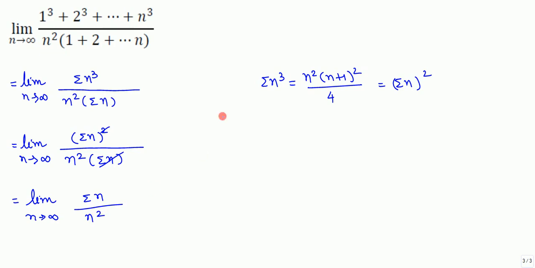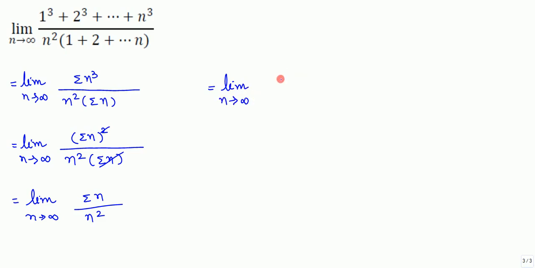Okay, and what is the formula of sigma n? Sigma n equals n into n plus 1 divided by 2, into n square. Then n cancels out and finally we get 1 by 2 constant, limit n tends to infinity n plus 1 divided by n.